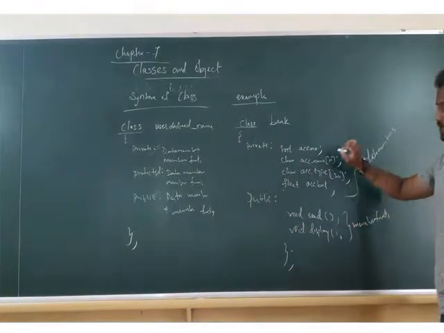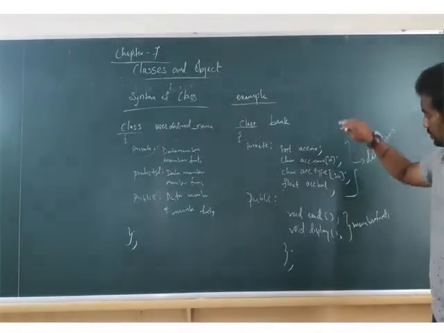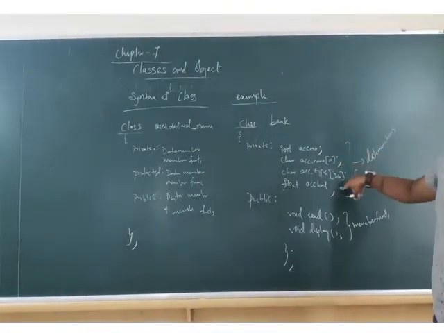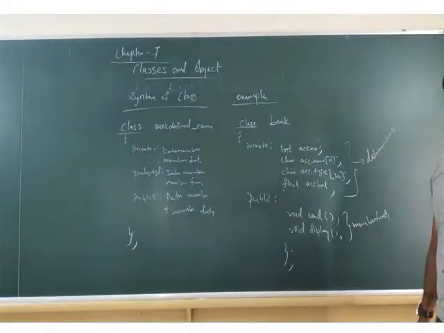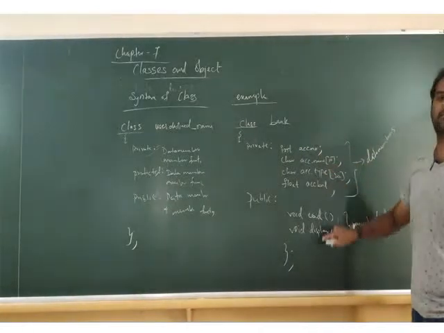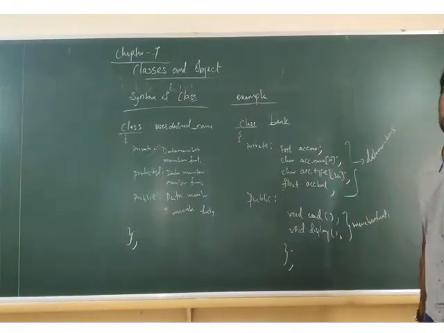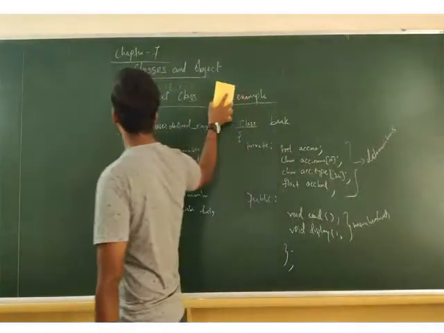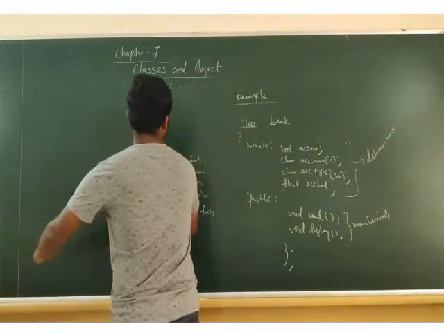See here, data members tell on what variables we are going to run. Member functions use the data members and work on those variables. Okay? This is the syntax of a class.